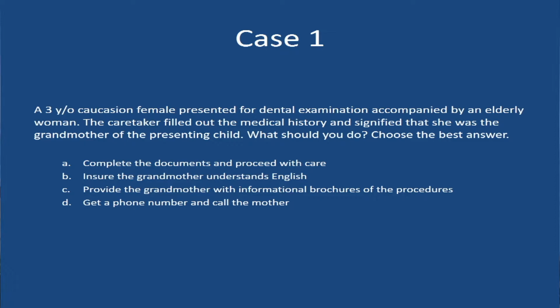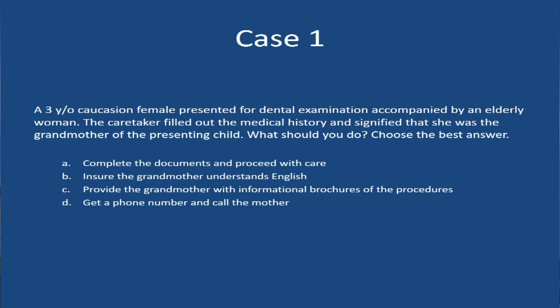The third choice would be to provide the grandmother with the informational brochures of the procedures. This is a very helpful bit of information so that the grandmother can understand fully what goes on with the procedures that are expected of this treatment of the child.